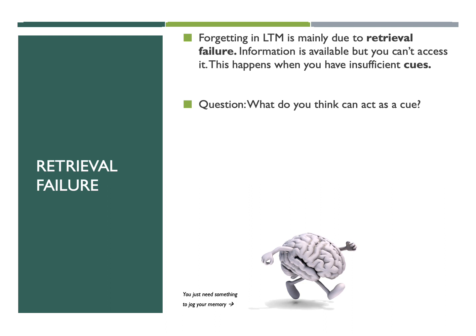Then we briefly discussed 3 ways that information is lost from our long-term memory: decay, interference, proactive and retroactive, and retrieval failure is the last explanation of forgetting that we're going to look at.